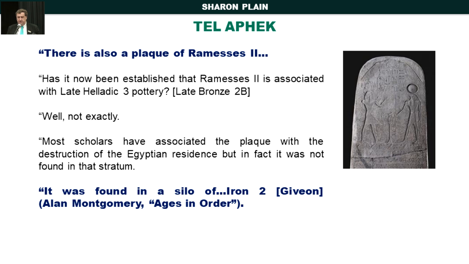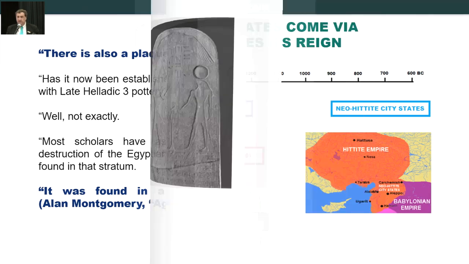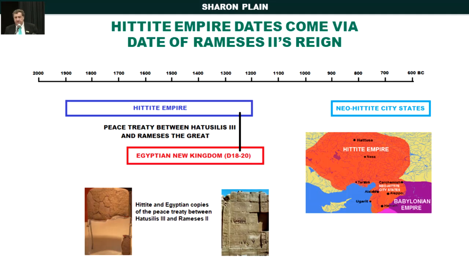Now, how can we know for sure which is the correct time period for the reign of Ramses the Great? I mentioned last time I spoke about Bethshan that there was evidence in Turkey that supported a much later date for Ramses the Great. Now, Ramses the Great of the 19th dynasty fought the Hittites and later made a peace treaty with one of the last Hittite rulers, Hattusilus III.